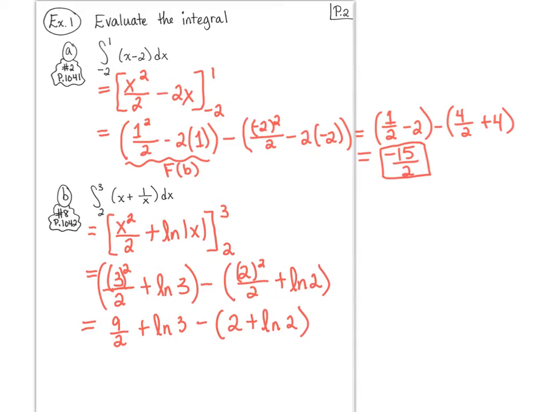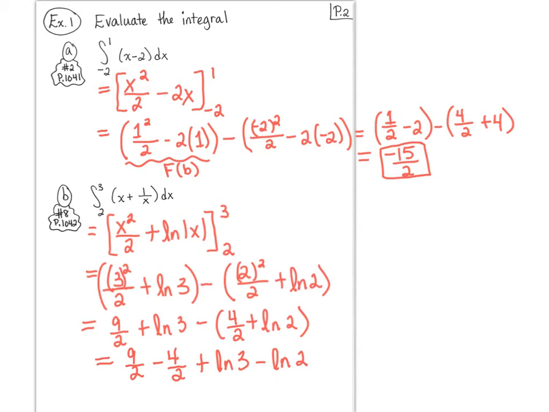Simplifying, you can write 2 as 4 over 2, so it'll make it easier for you to simplify. So that is equal to 9 over 2 minus 4 over 2, plus natural log of 3 minus natural log of 2.